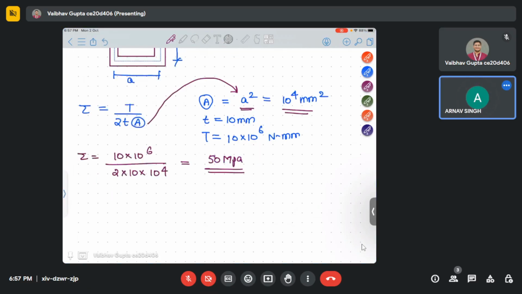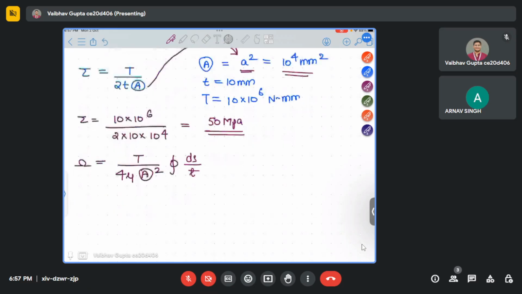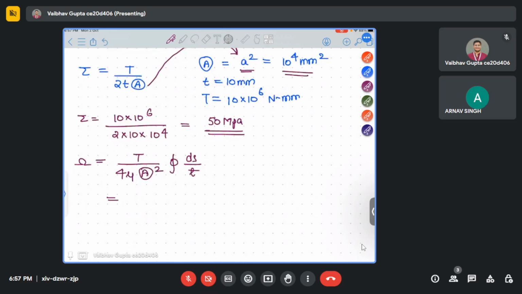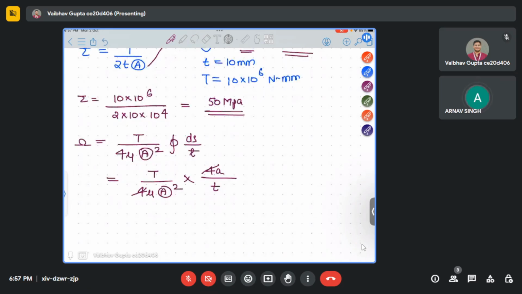Okay. Now the angle of twist formula is T upon 4 mu times the enclosed area square, times the line integral of ds by t. The line integral of ds is the perimeter. So T upon 4 mu enclosed area square into 4a, where the perimeter is 4 into a side, into t. Okay, 4 will cancel out. T upon mu, the enclosed area is a square, so a to the four into 4a by t, which is equal to T upon, so this will cancel out, right?